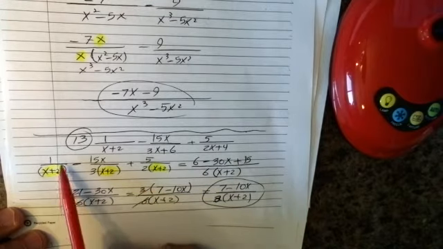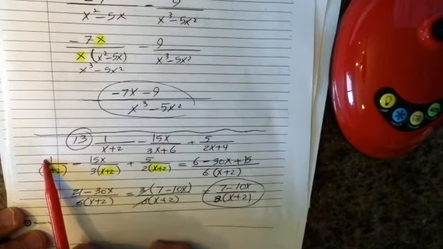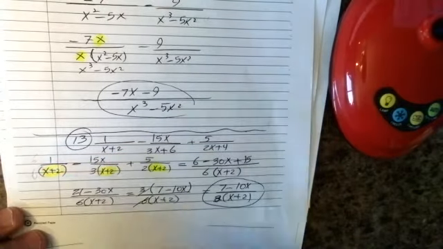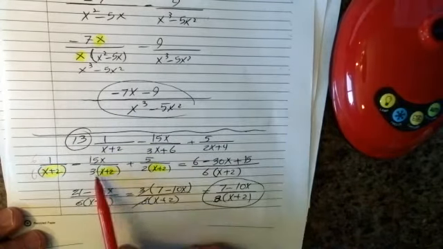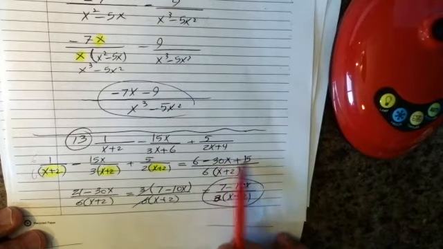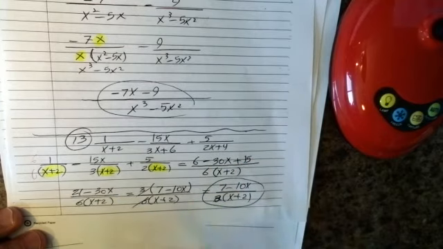So every fraction needs 6. I gotta put a 6 here and 6 here. This one needs 2. So 2 times 3 is 6. 2 times that is 30. And then you simplify. When you reach here, you factor.